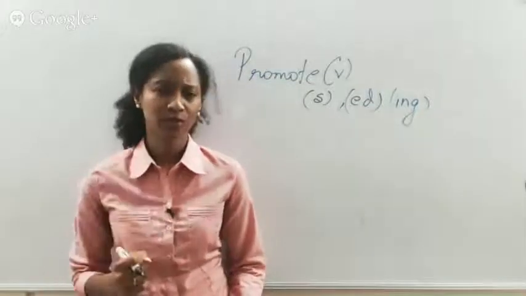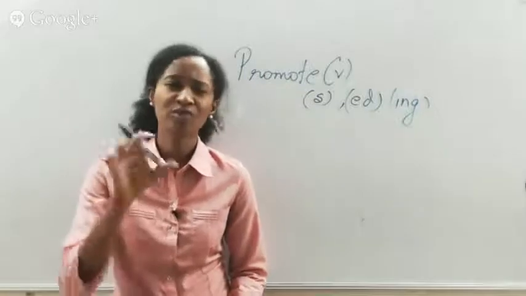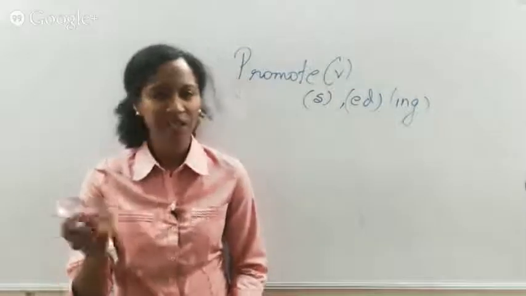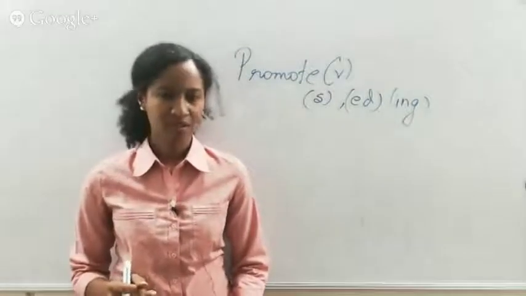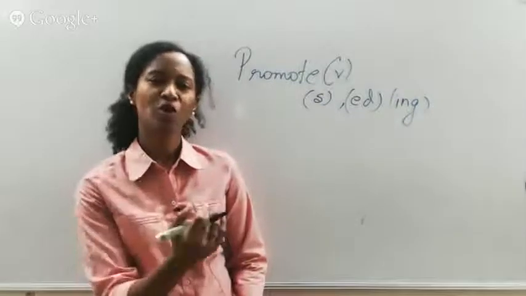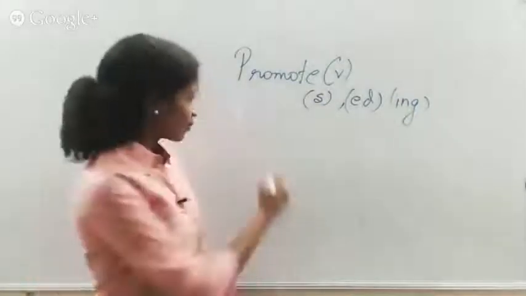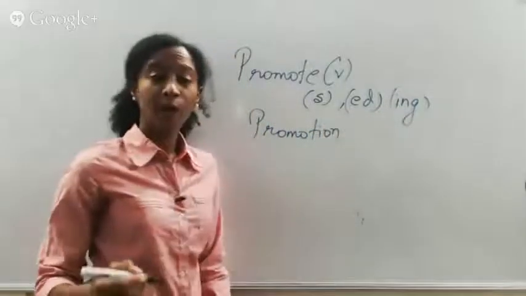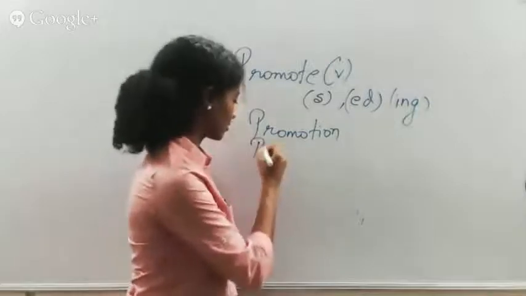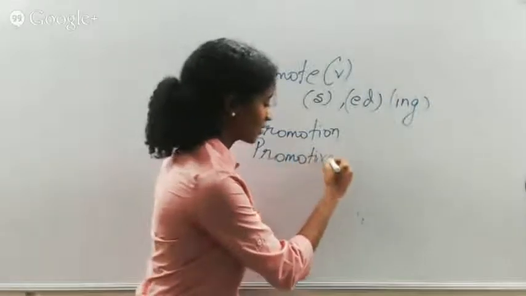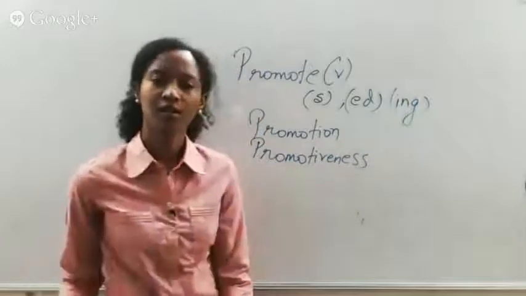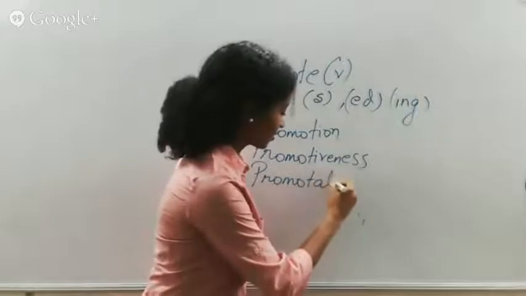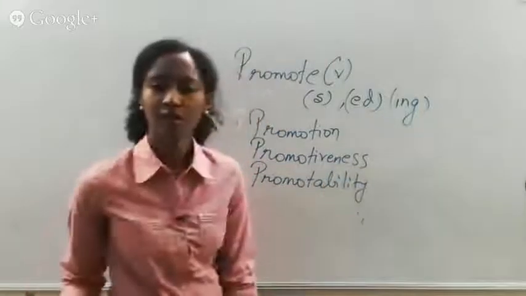The noun form of promote. We know that our noun forms usually end with tion, sion, ness, ment, ty, right? Can you guess what can be the noun form of this word? Promotion, okay, promotiveness, okay, promotability, okay.